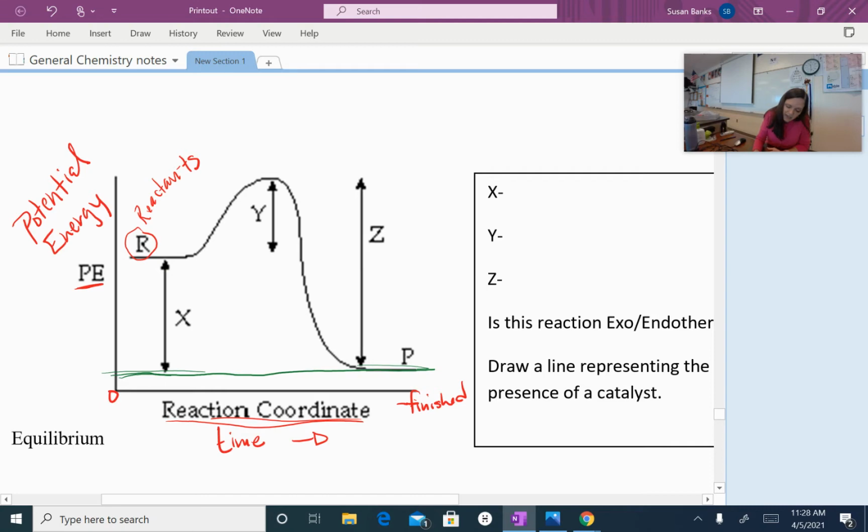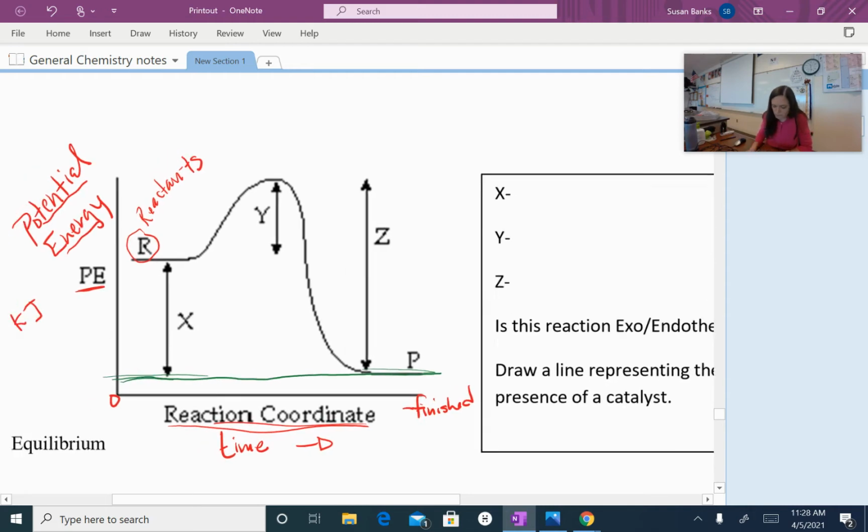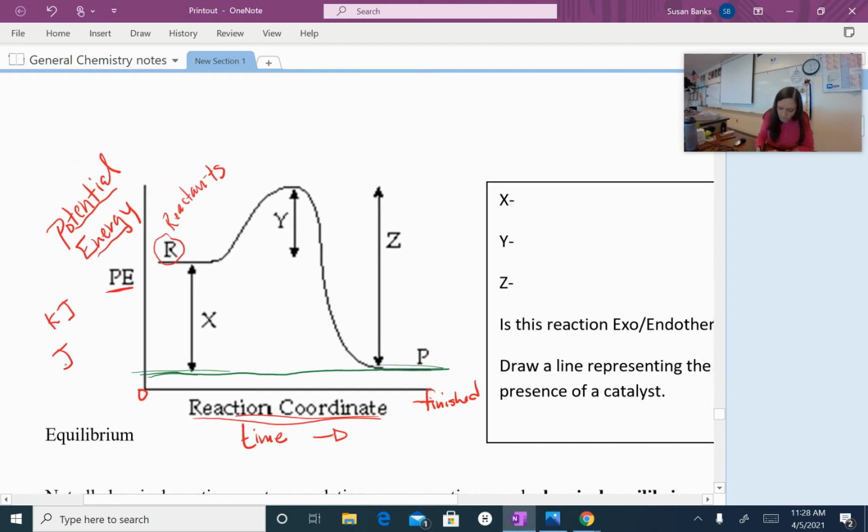This potential energy on the y-axis is usually given in kilojoules or joules. Okay, that's just a unit of energy that we use in the scientific community. So a joule is how much energy it takes for something to happen.